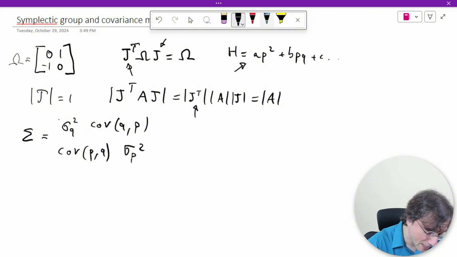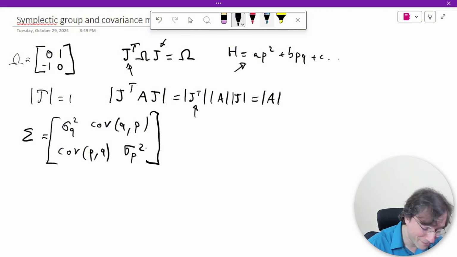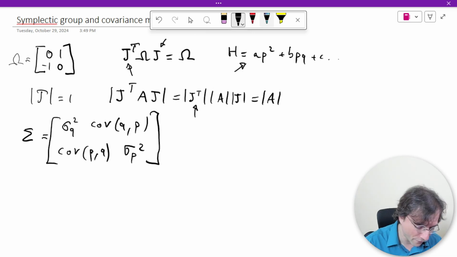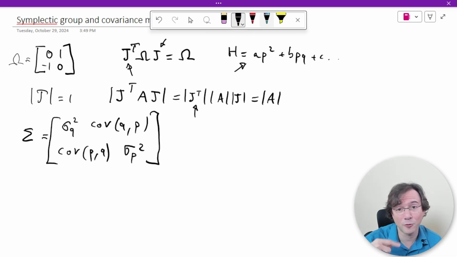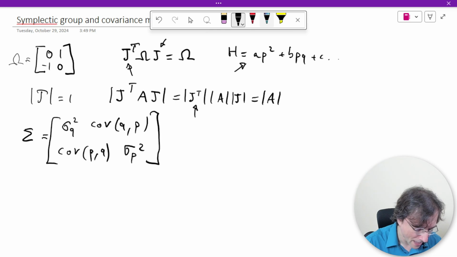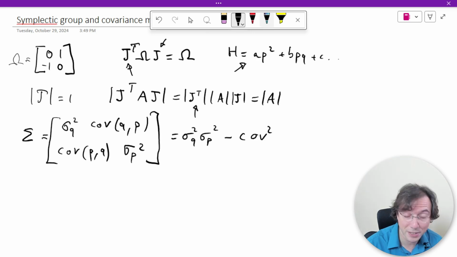So this is basically the matrix made by all the permutations of the covariance, and the covariance of a variable with itself is the variance. What happens then during a symplectic transformation is that the determinant of this is going to be preserved, so sigma squared Q, sigma squared P minus the covariance squared is going to be conserved.